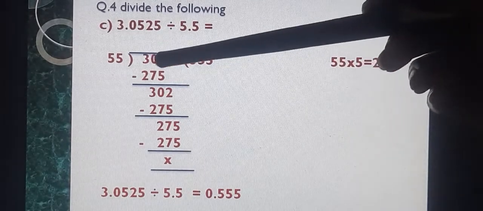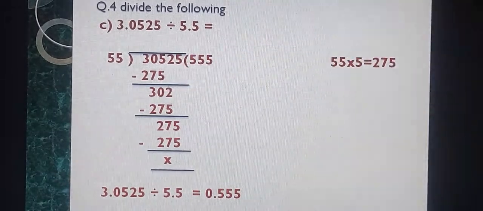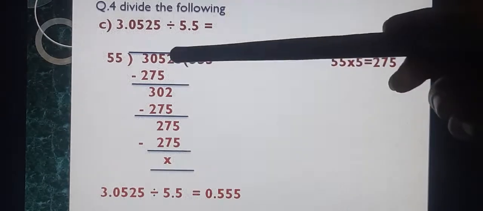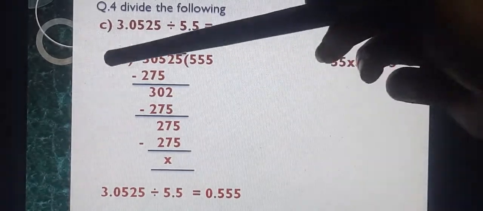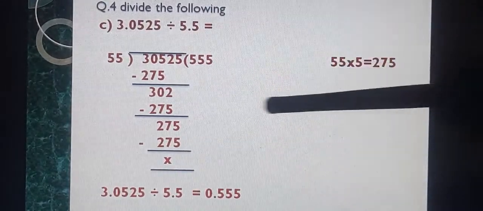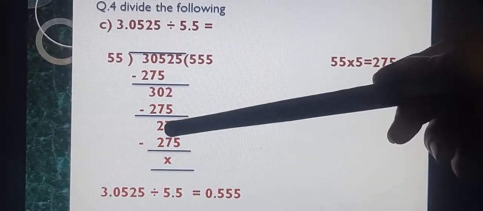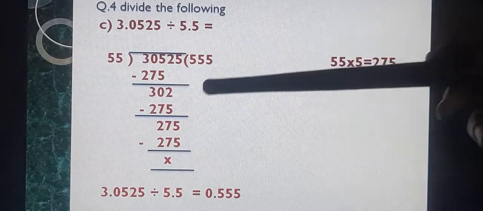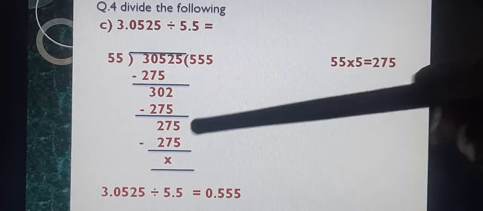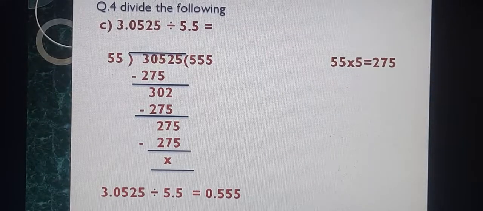So 305 minus 275, we will get 30. Now we will consider next digit 2. 55 5s are 275. 12 minus 5, 7. 9 minus 7, 2. 2 minus 2, 0. Now next digit is 5. 55 5s are 275. Right?